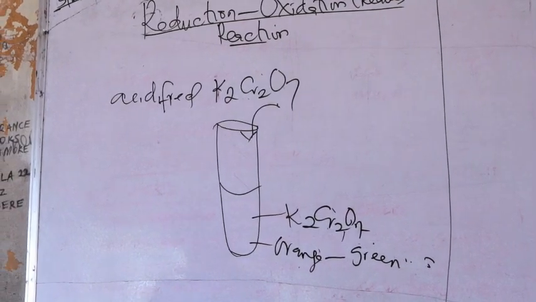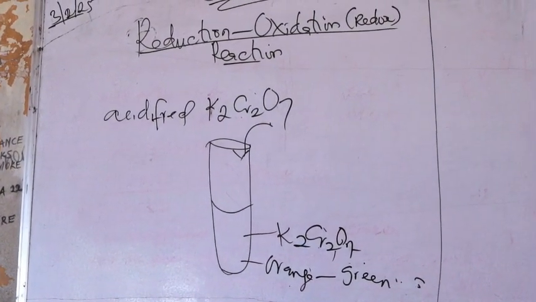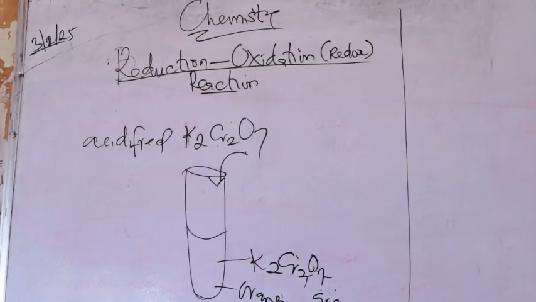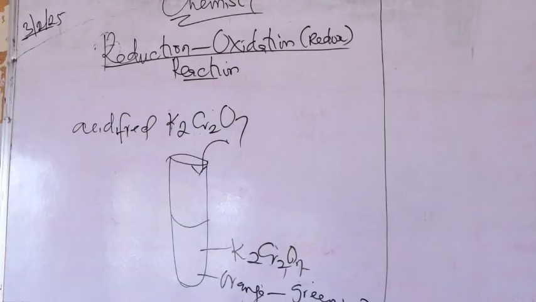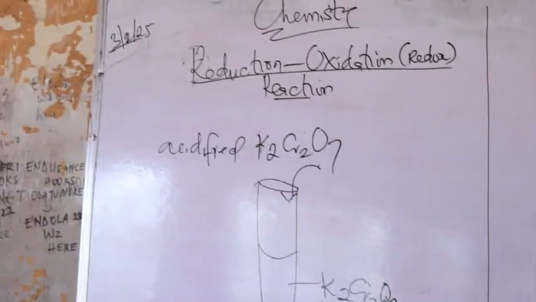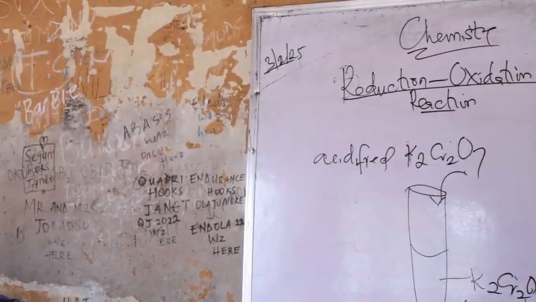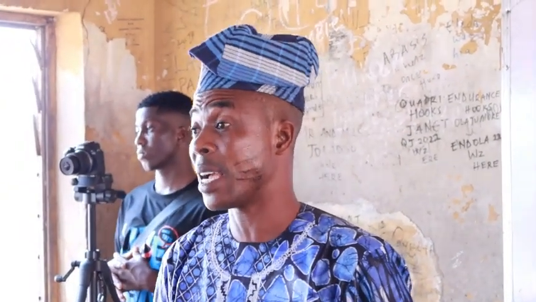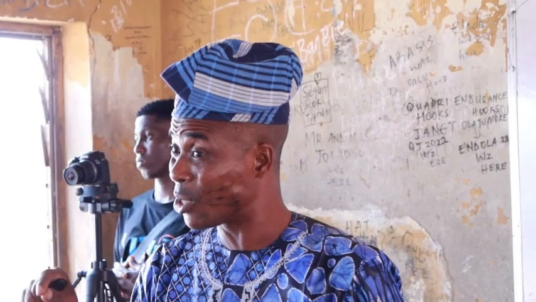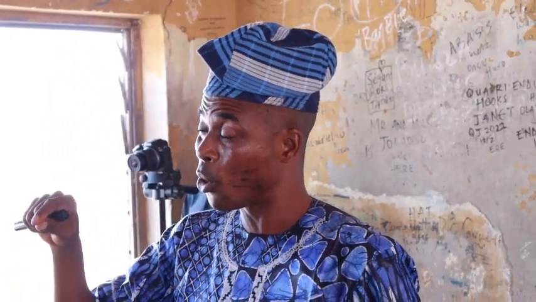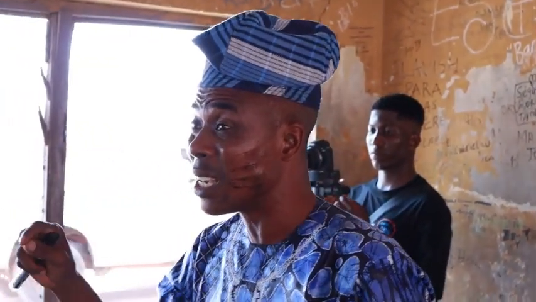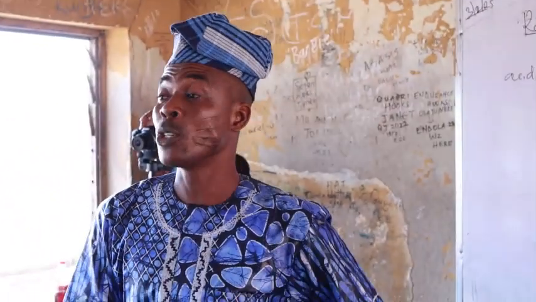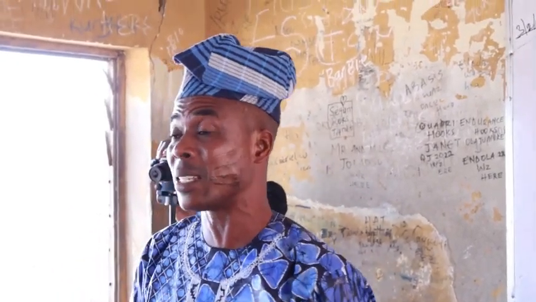So if a substance is added to iron(II) chloride solution, and the solution changes to reddish brown, it means what you have added is an oxidizing agent, because iron(II) chloride is a reducing agent. If you want to test for an oxidizing agent, you make use of iron(II) chloride, which is a reducing agent. So the only substance that can change iron(II) to iron(III) is an oxidizing agent.